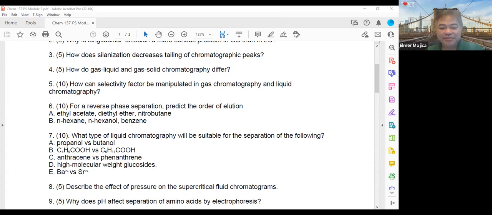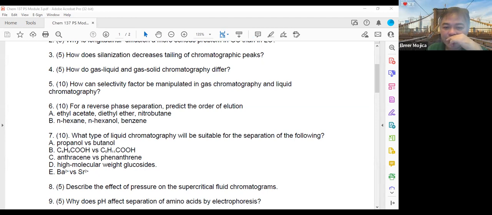Still remember the formula? Tawag dun, the alpha, right? And you have the K prime B over K prime A. So anong kailangan natin sa selectivity factor?